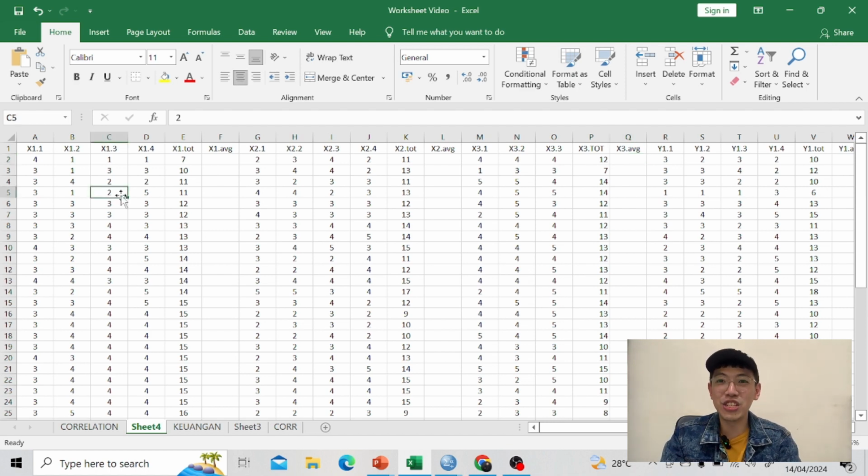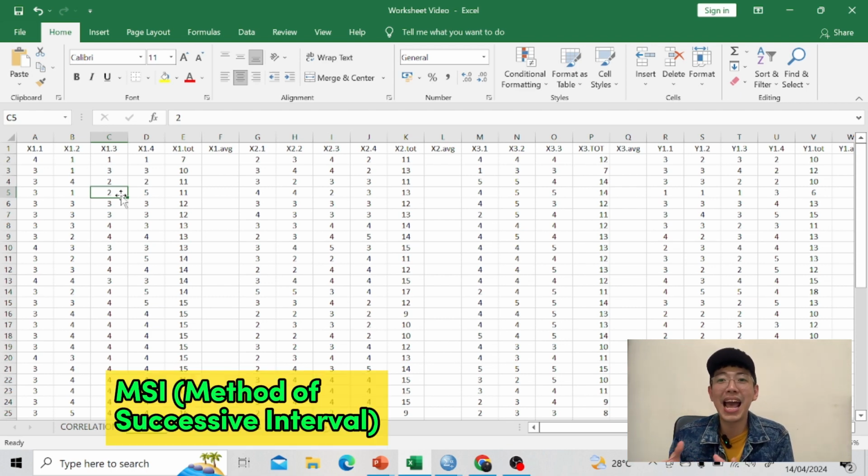Basically, linear regression should be conducted for scale measurements. It consists of interval or ratio. It could not be used for ordinal variables. Therefore, the ordinal variable actually should be converted into an interval or ratio variable using what we call MSI, method of successive interval.